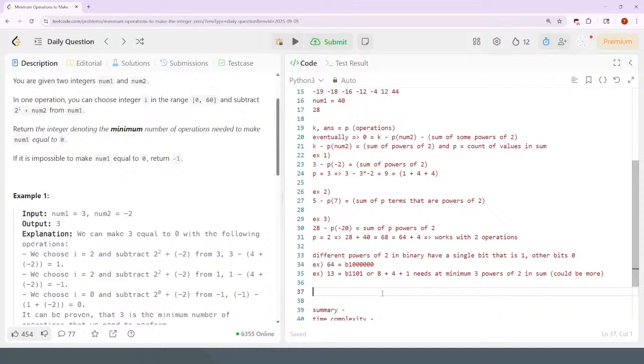So let's say the sequence is 4 plus 30 plus 30, or let's say 4 plus 20 plus 20 plus 20. So that adds up to 64. So that means 3 terms, a 3-term sum of powers of 2 that adds to that.